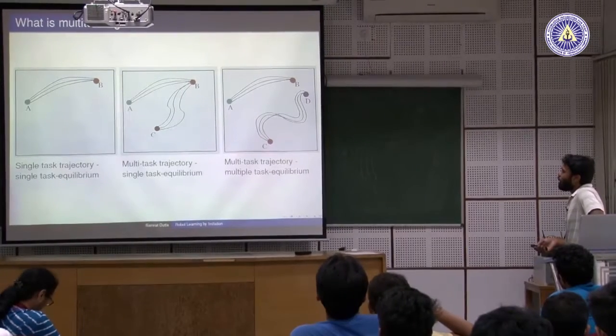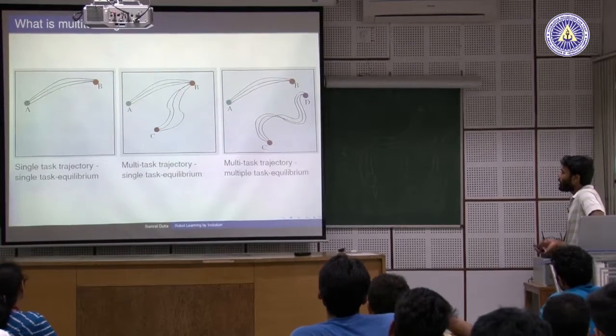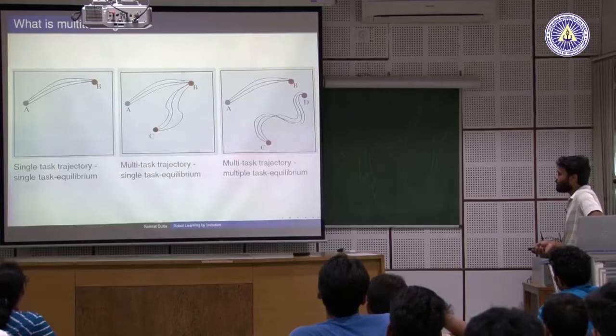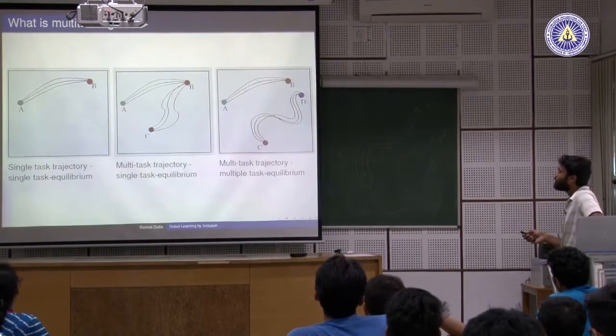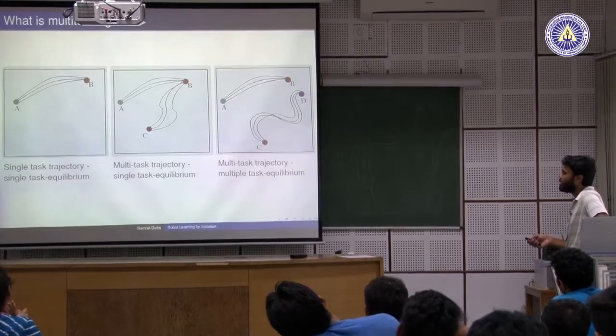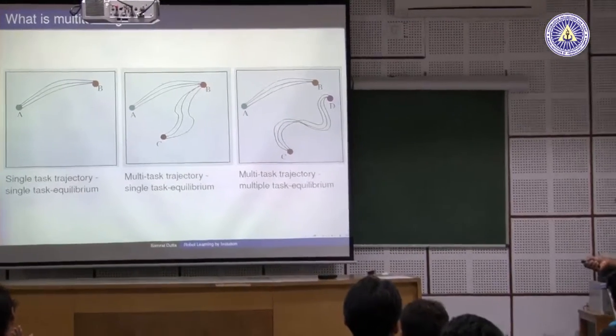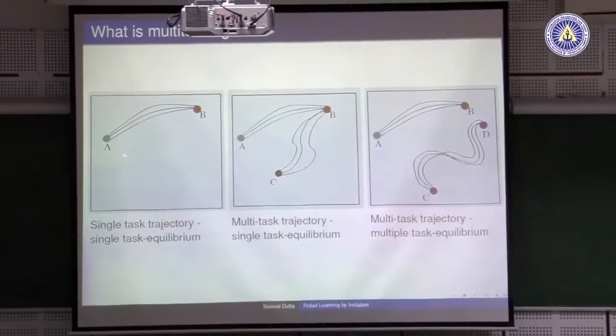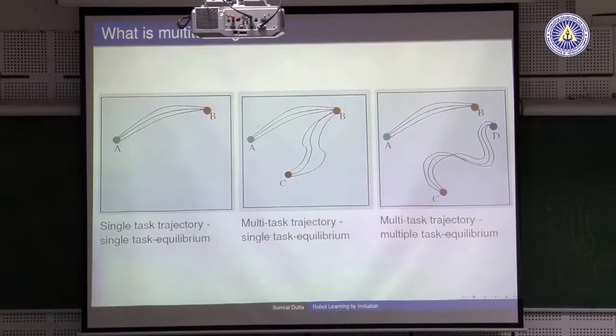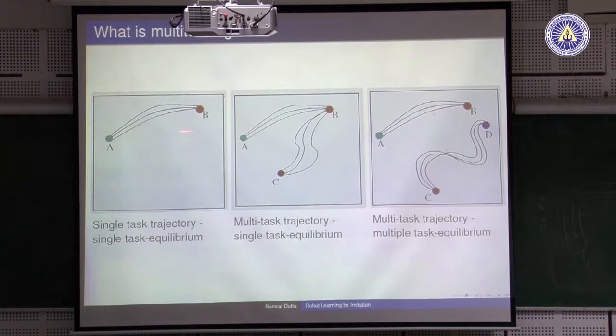Okay. So, now here we define what is multitasking. We defined 3 categories here. First, the robot is expected to go from A to B with a single type of trajectory, which we name single task trajectory, single task equilibrium.